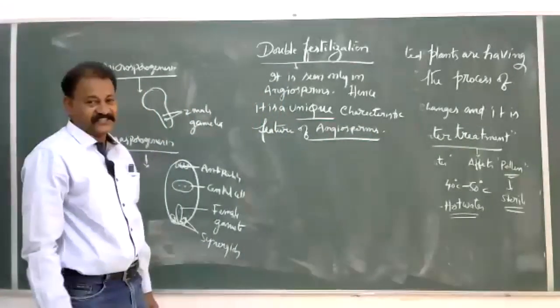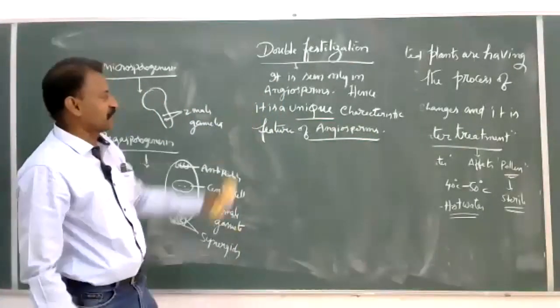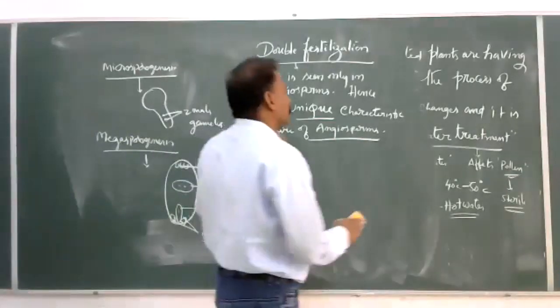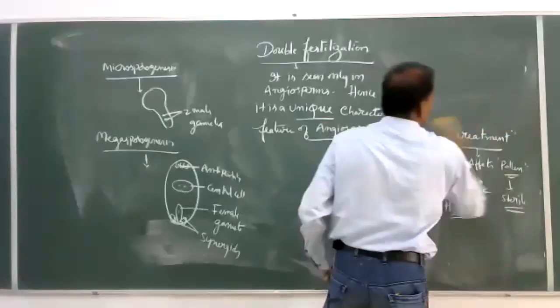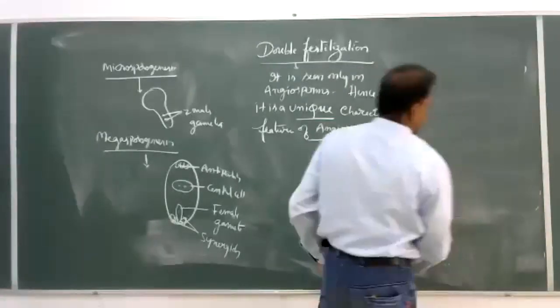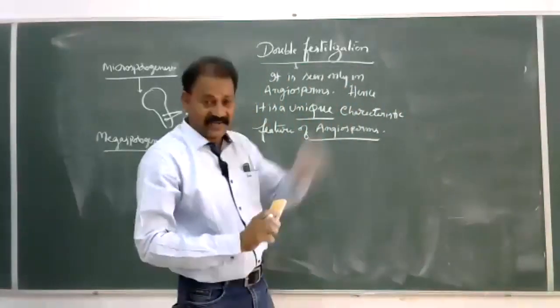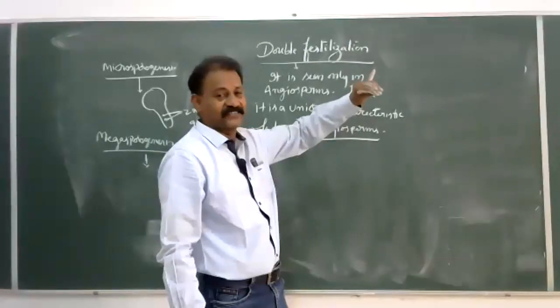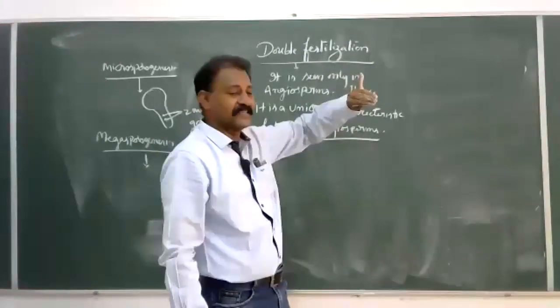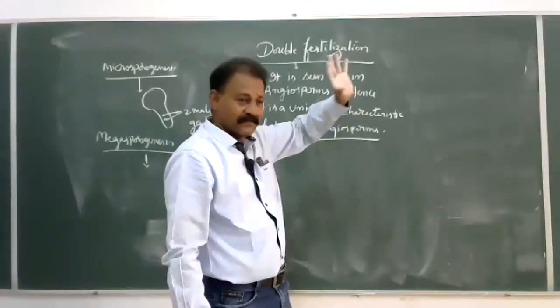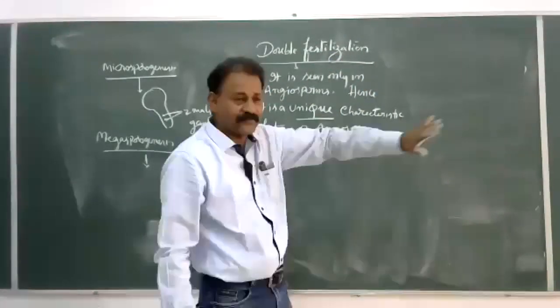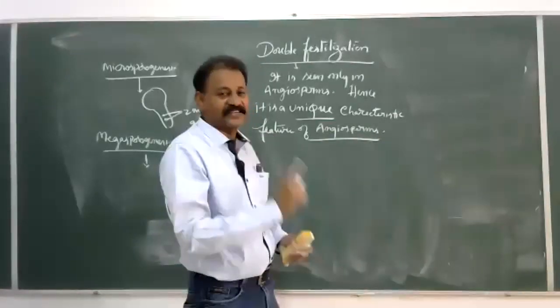Double fertilization is a characteristic feature of angiosperms, so it is called unique only to angiosperms. No other plant group, starting from algae, bryophytes, pteridophytes and gymnosperms, all these are exempted, because in these double fertilization is completely absent.